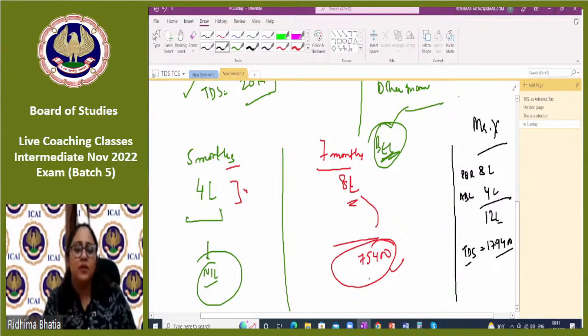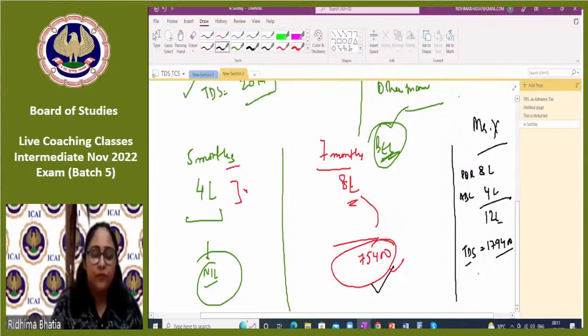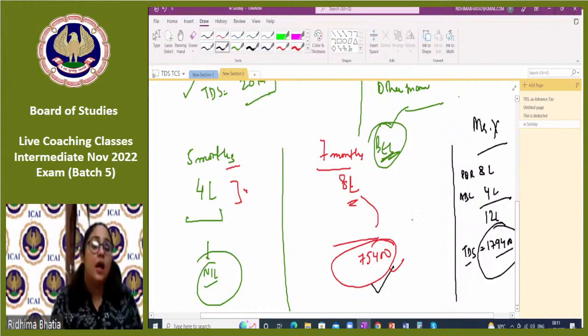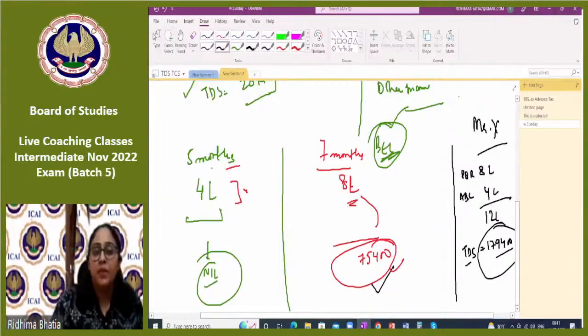And you were like, only 75,400 is deducted. But मैंने तो सबको, मैंने 4 lakh भी बताया, मैंने 8 lakh भी बताया. But why is tax liability coming here again? Because आपने इनको इसके बारे में नहीं बताया. You did not tell about this 4 lakh.